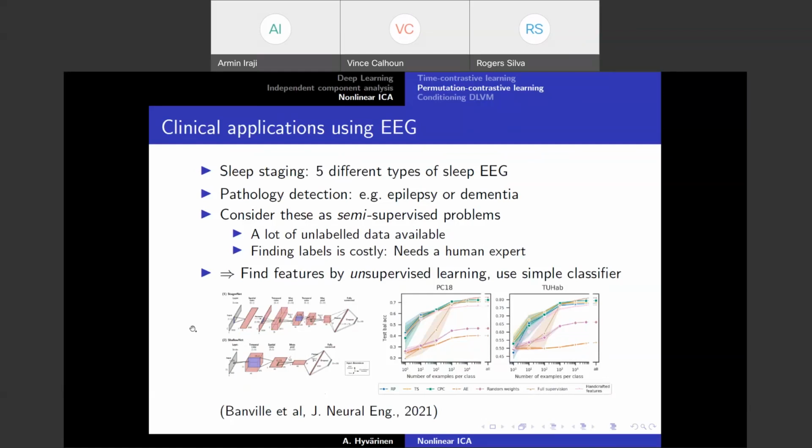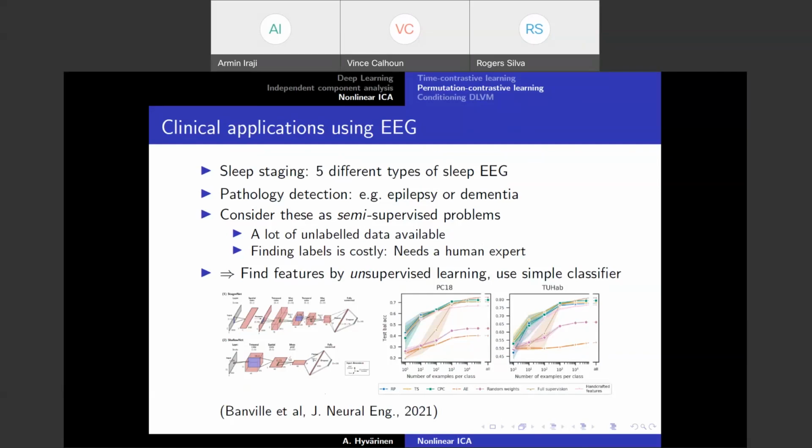What semi-supervised learning means is that you have a lot of unlabeled data available, but finding labels is costly. For example, in this case, it needs a human expert. So you have only few data points for which you have labels, but you have huge amounts of unlabeled data. This is a bit like what was alluded to earlier in this TCL MEG case, where we learn from resting state, and then classify various kinds of sensory stimulation.